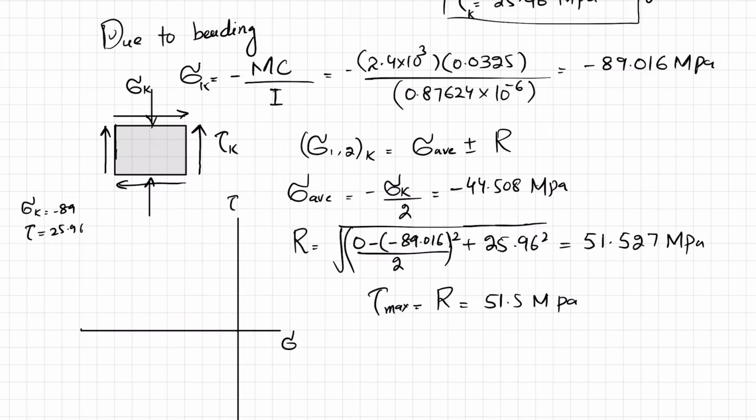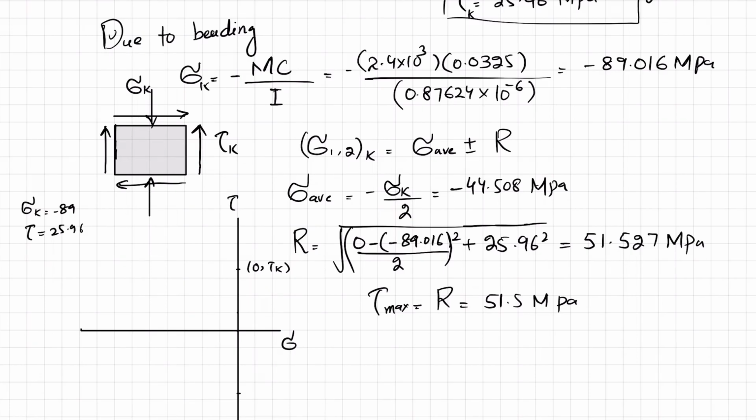So our first point is 0 because there is no stress in x direction. So 0 comma tau K will lie, let's say, here. You have to draw it as per scale. I am not drawing it as per scale, but just giving you an idea.